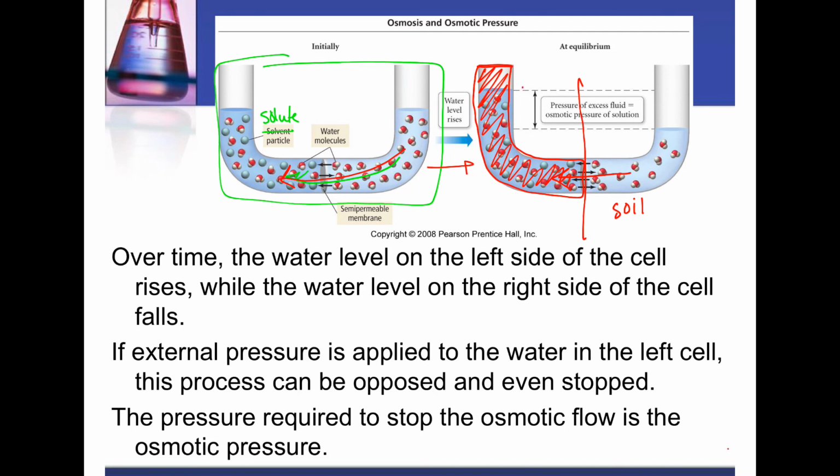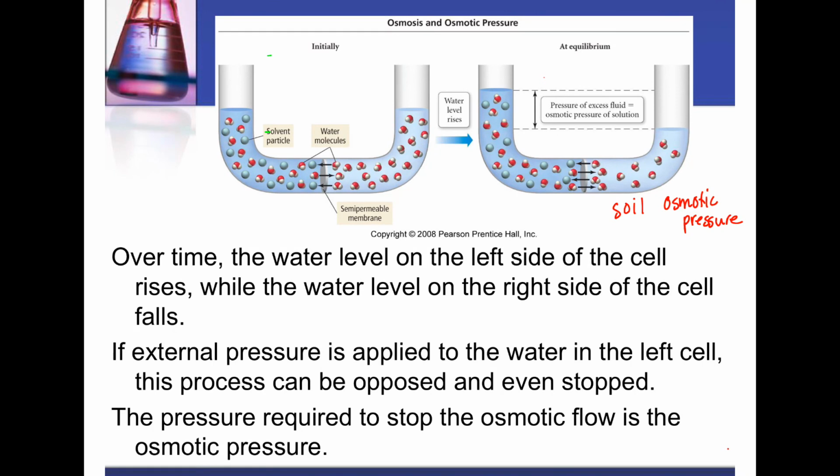So when the root is totally full, the osmotic process stops. There isn't any more room for water. And when this side is full, we call that reaching the osmotic pressure. When we've reached the osmotic pressure, osmosis stops.